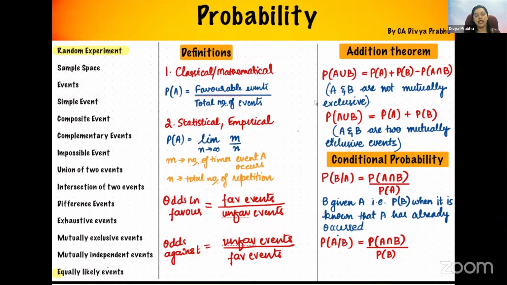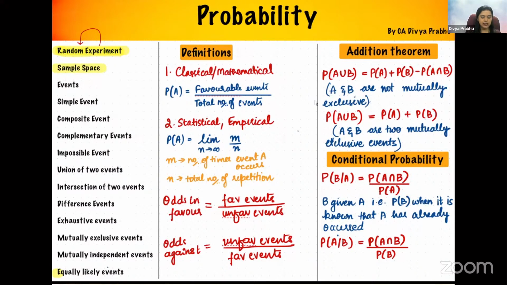Random experiment means any experiment which you are conducting, if the outcome of that experiment purely depends upon chance or luck, then that is a random experiment. Got it? Any experiment where the result or outcome depends on luck or chance is a random experiment.